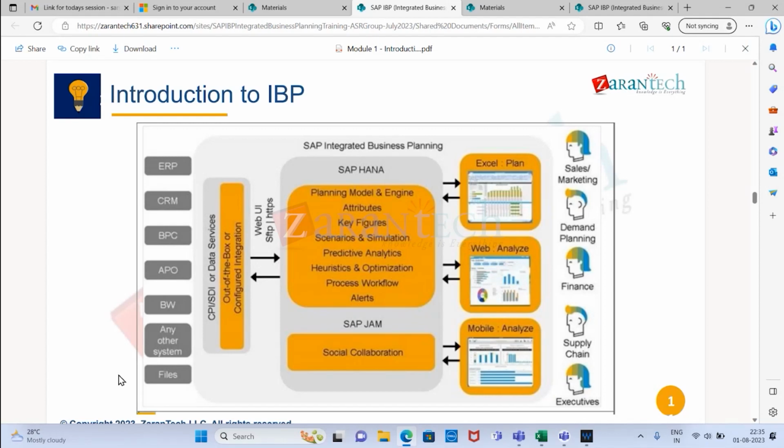So SAP APO is one of the most widely used, and it's the most advanced tool available in the market for planning. Like we have DP, which is the demand planning tool, which is advanced in SAP, similarly APO also has the same platform as DP. The next one is BW, which is known as Business Warehouse.